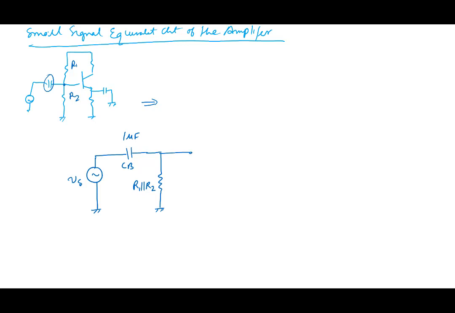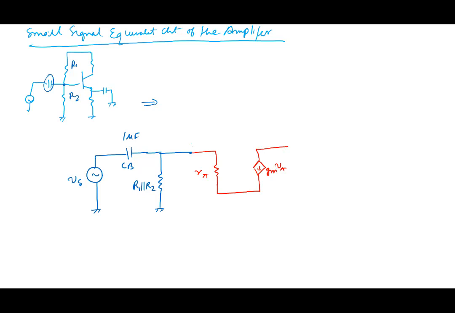Now comes the transistor. We are going to replace it by its hybrid pi model. We are doing a low frequency analysis, so we'll replace it by R pi and gmV pi. R0 we are going to neglect.